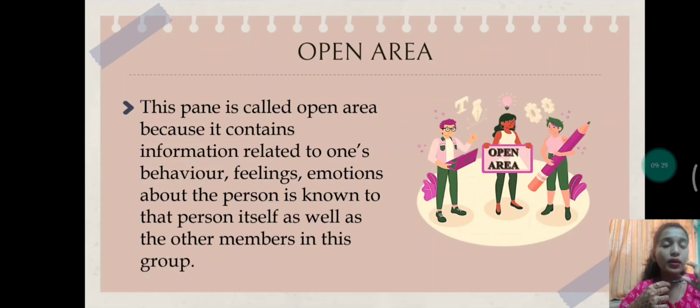To improve the open area which we were talking about, one should reveal himself or herself. You should be transparent with the people around you, and with the environment you're working in, and reduce the other areas simultaneously. An example is when you're working in an organization.